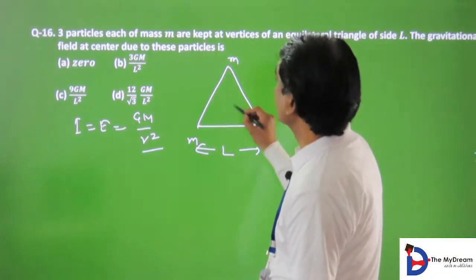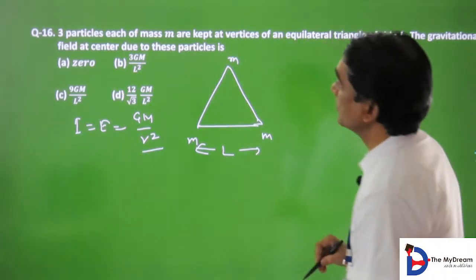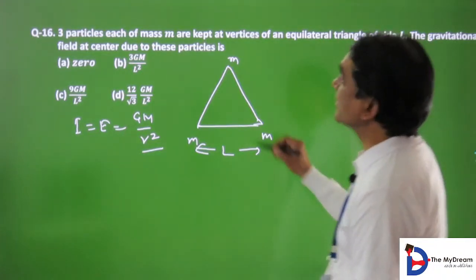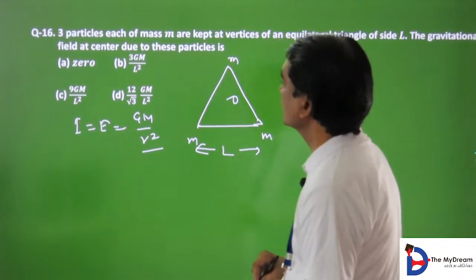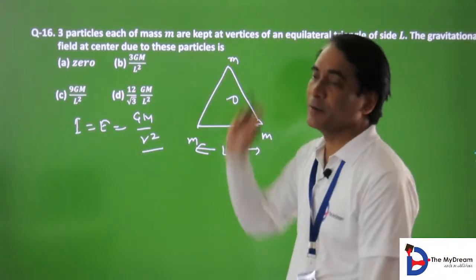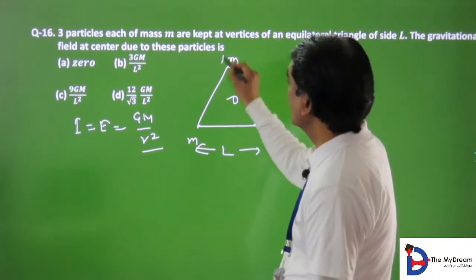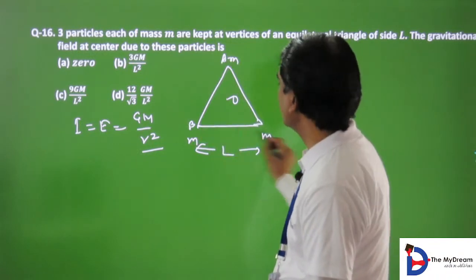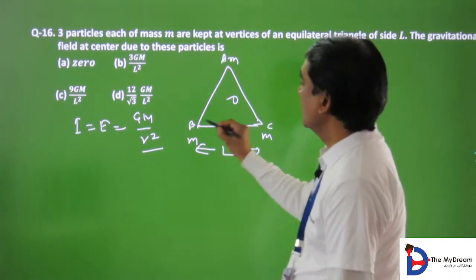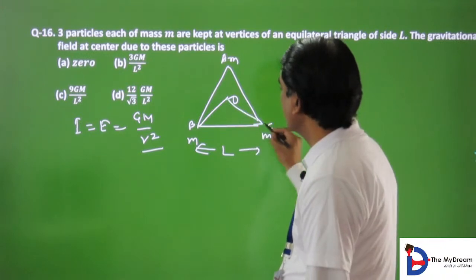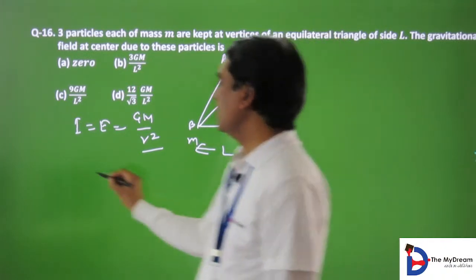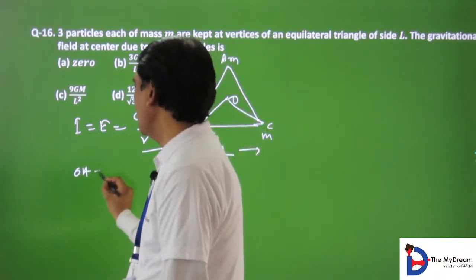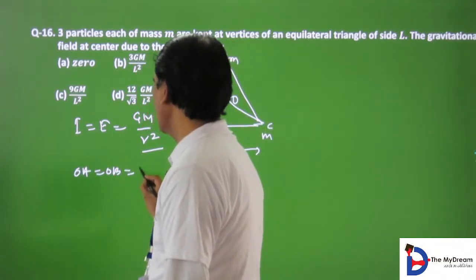And you want to discuss the gravitational field at the center, at the centroid. This is the position A, this is B, this is C. This is O. OA is equal to OB, which is equal to OC.